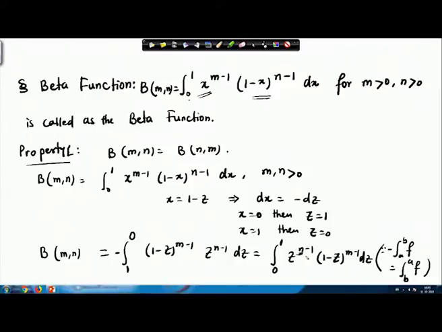However, you can see that the indices are switched, so this is nothing but the definition of beta n m. This shows that beta m n equals beta n m for all m and n positive. So, the first property is taken care of.